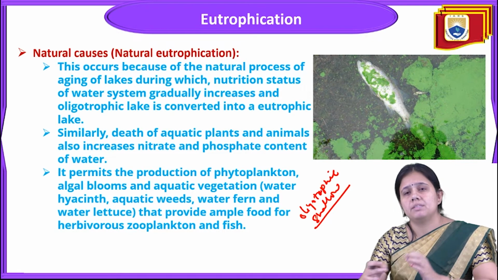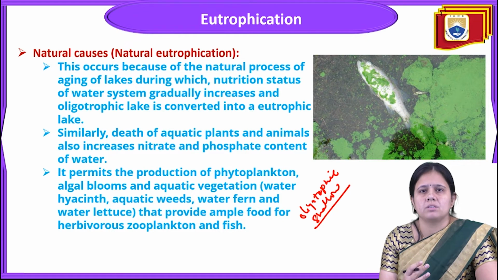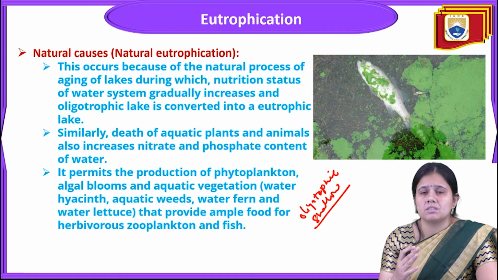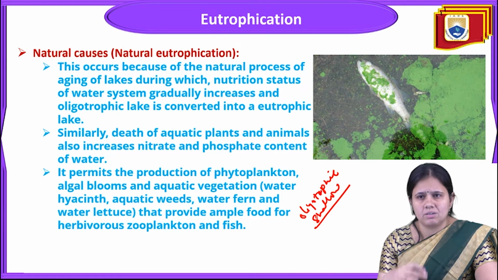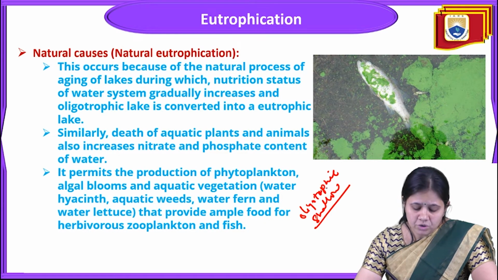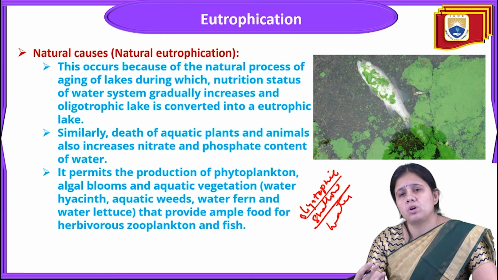We can term this the natural aging of the lake. The nutrients present in the water system gradually increase, and the oligotrophic, shallow lake converts into a eutrophic lake.